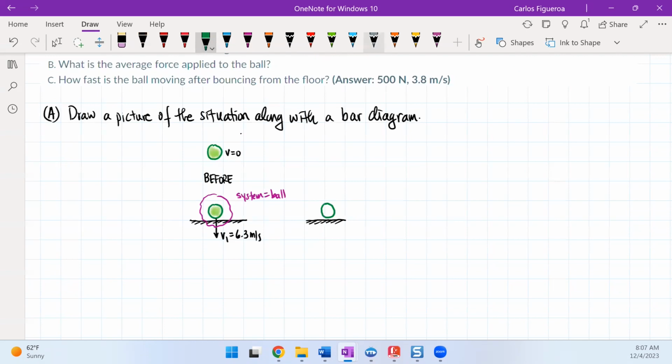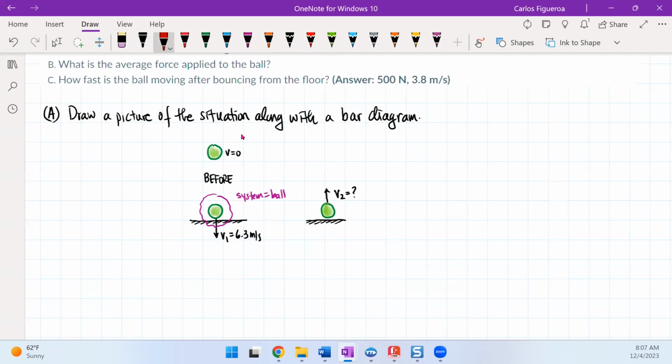Just by looking at the signs, you're seeing here that the momentum has changed direction. So clearly, momentum has changed.